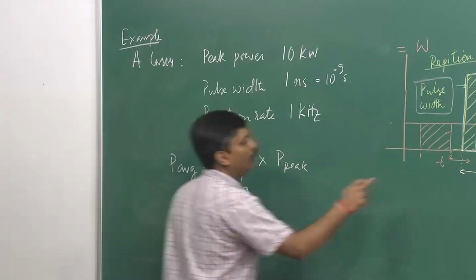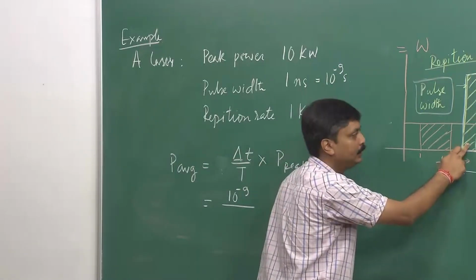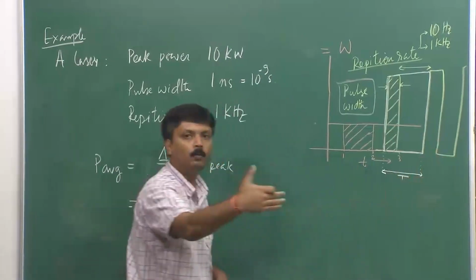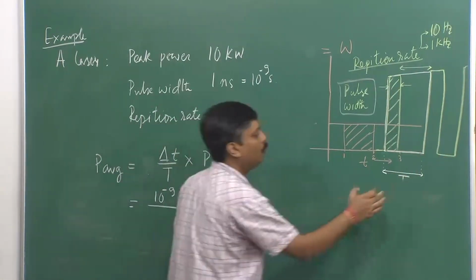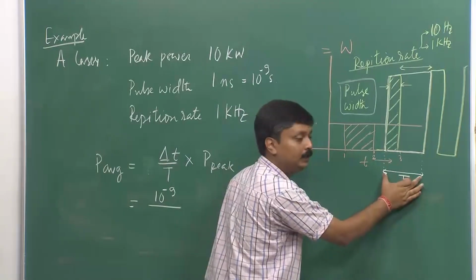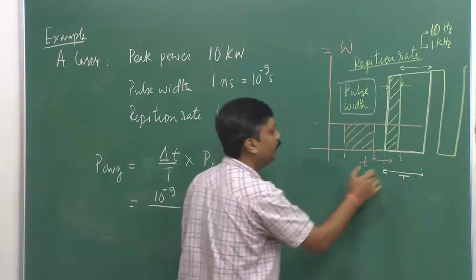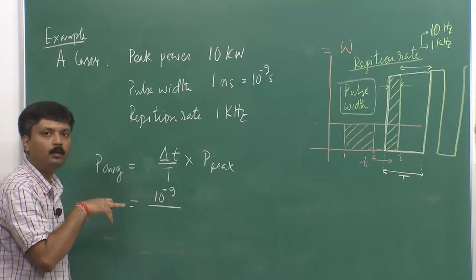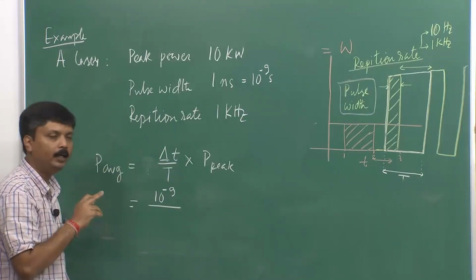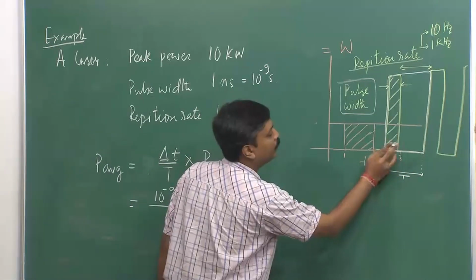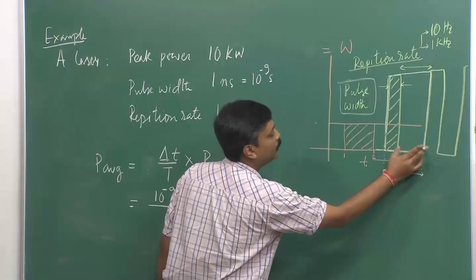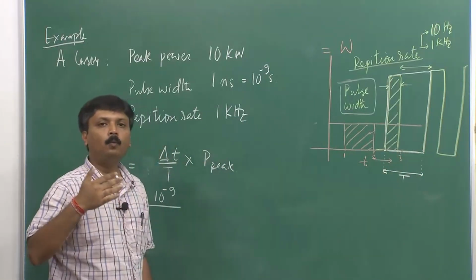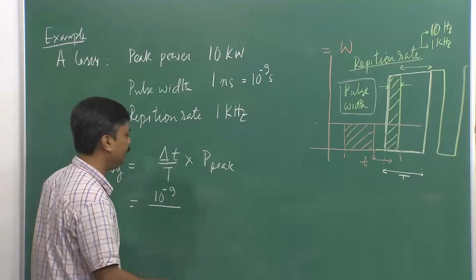So, I have such 1000 pulses coming in, and that will be 1 second wide, and I need to find out what is my this t. So, easily what I can find out, neglecting this width of 10 nanosecond, I can roughly assume that this gap is essentially 1 upon 1000 second, right.